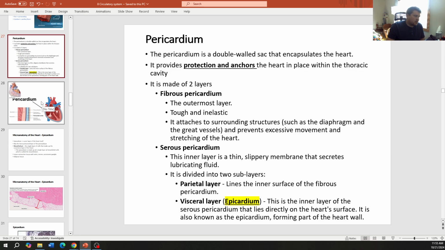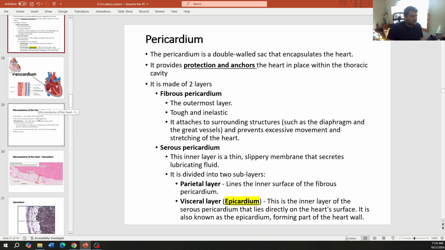The next layer, the deeper layer, is the serous pericardium. It's a slippery membrane that actually secretes lubricating fluid. And it's divided into two sublayers, the parietal layer and the visceral layer. The parietal layer is just on the inner surface of the fibrous pericardium.